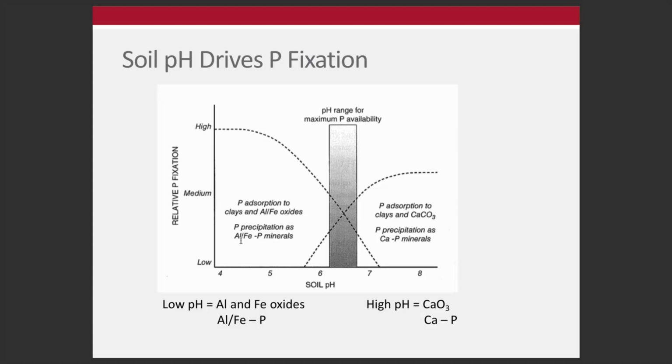There are other oxides too, manganese oxides being one of them, but the majority is aluminum and iron oxides. When the pH of a soil turns alkaline, we have a lot of calcium carbonate that forms, and then calcium phosphates form. So again, adsorption and precipitation reactions occur on both sides, but depending on the pH, the reacting elements change from iron and aluminum when acidic to calcium primarily when basic.